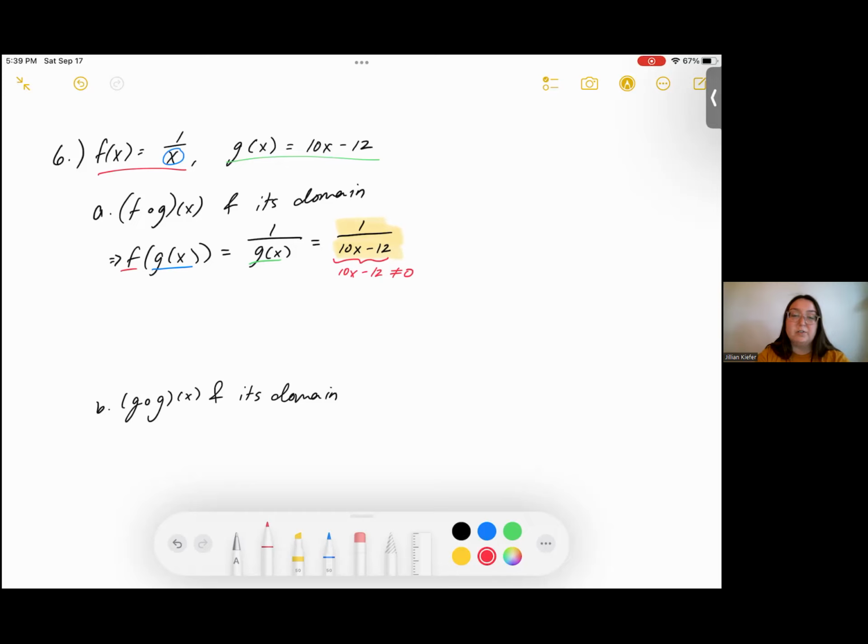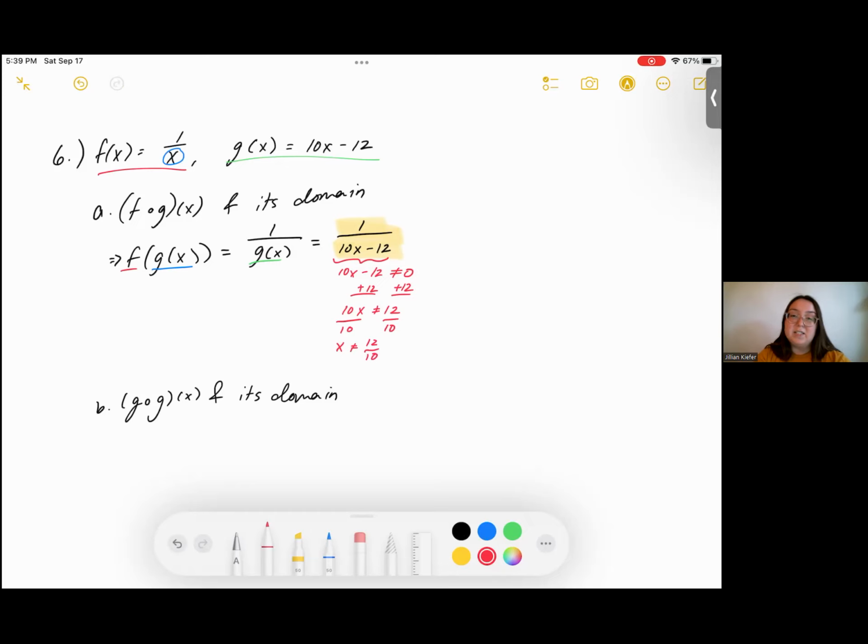So we want to solve for x. We're going to add 12 to both sides. So now we have that 10x does not equal 12. We'll divide each side by 10. And we get that x does not equal 12 over 10.